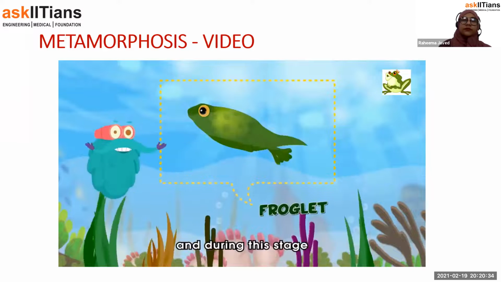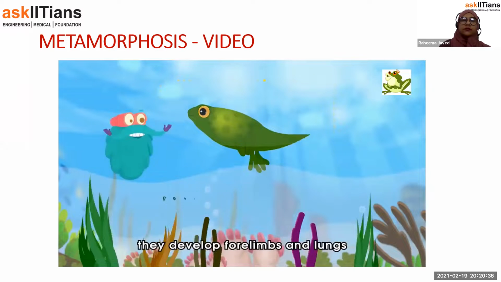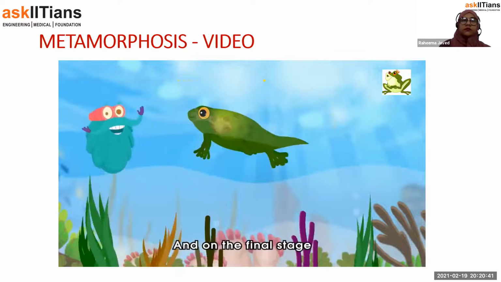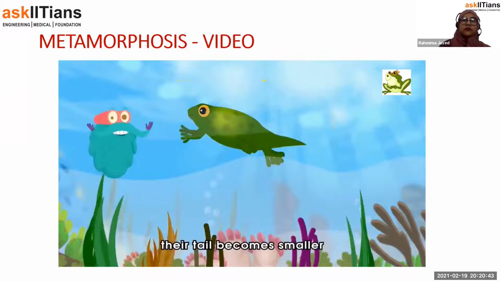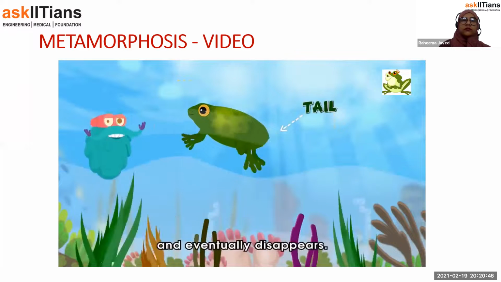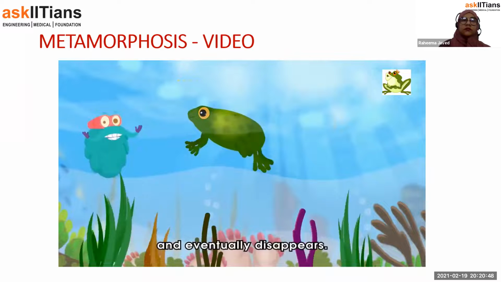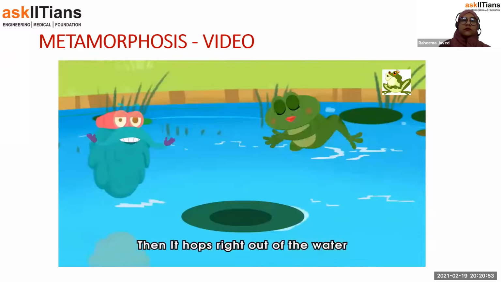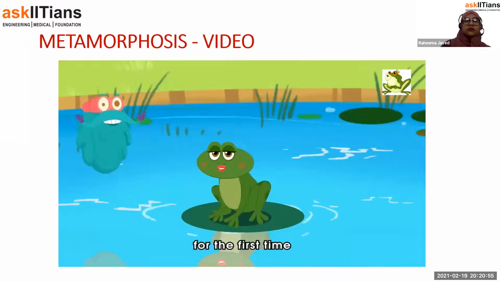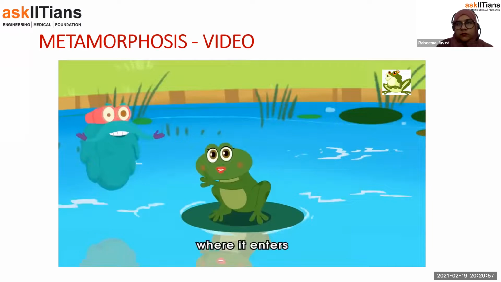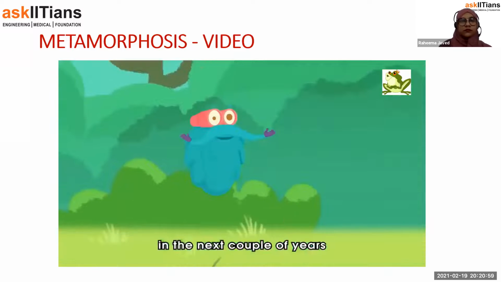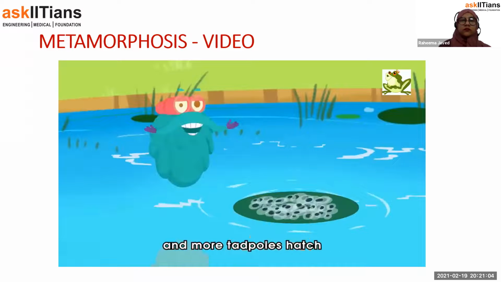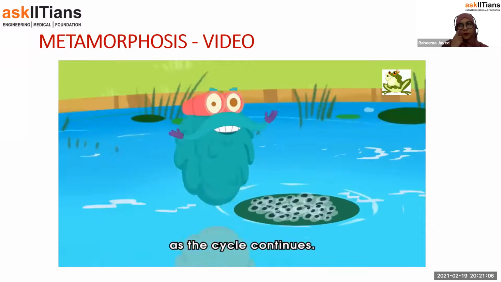During this stage, they develop forelimbs and lungs for breathing outside water. In the final stage, their tail becomes smaller and smaller and eventually disappears. Then it hops right out of the water and onto dry land for the first time, where it enters the adult stage. In the next couple of years, they lay their eggs, and more tadpoles hatch as the cycle continues.